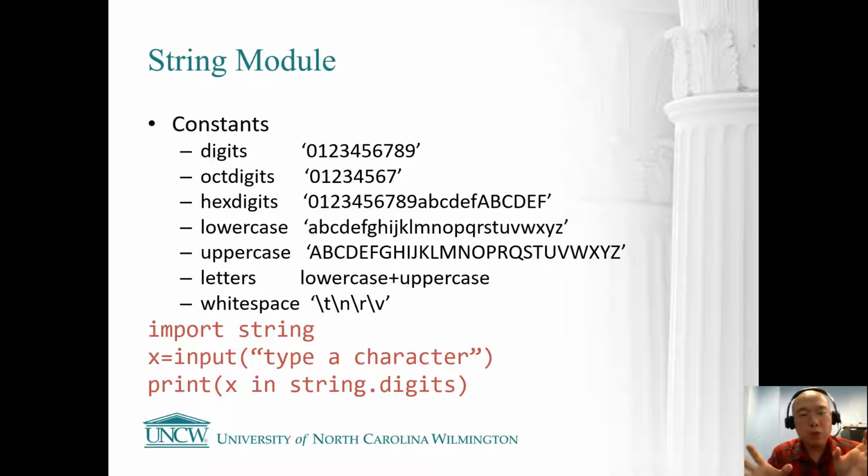So if you want to go through a string character by character and do some checks, make sure you are using those predefined variables. When you are hand typing a string from A to Z, if you are careless you may miss something, right? Say you miss the letter S, and you don't find it out until sometime later, when your program behaves in a weird way.